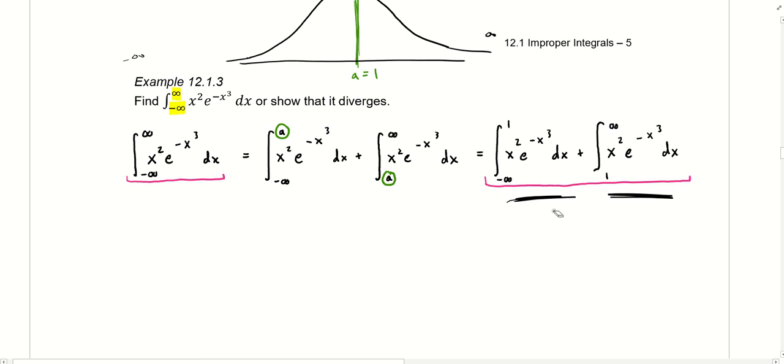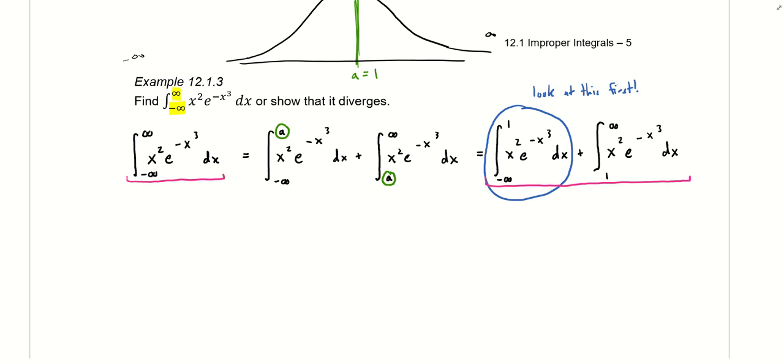So just to see if I can cut my work down a little bit, I'm just going to pick this first integral, and I'm going to look at this first. So I'm going to basically ignore the second integral for a second, and let's just take a look at this. And I'll write this in blue just to indicate that that's the integral we're looking at here.